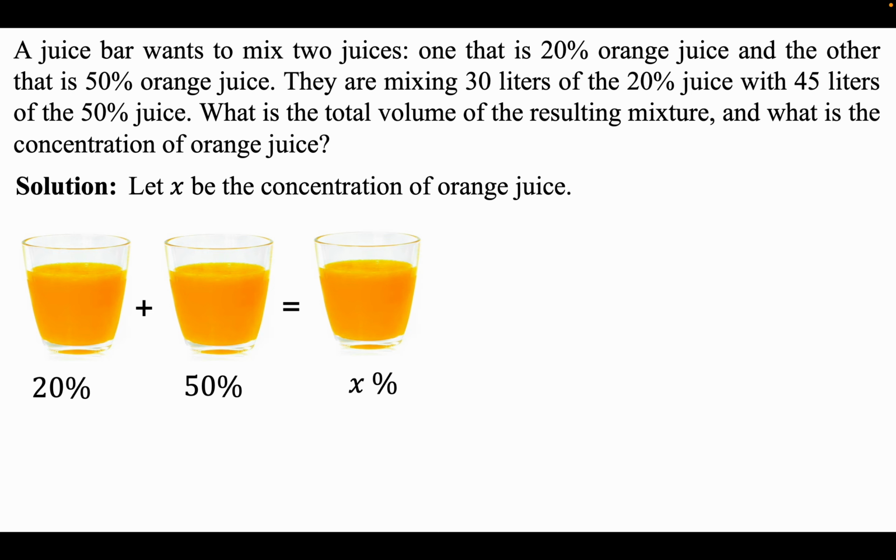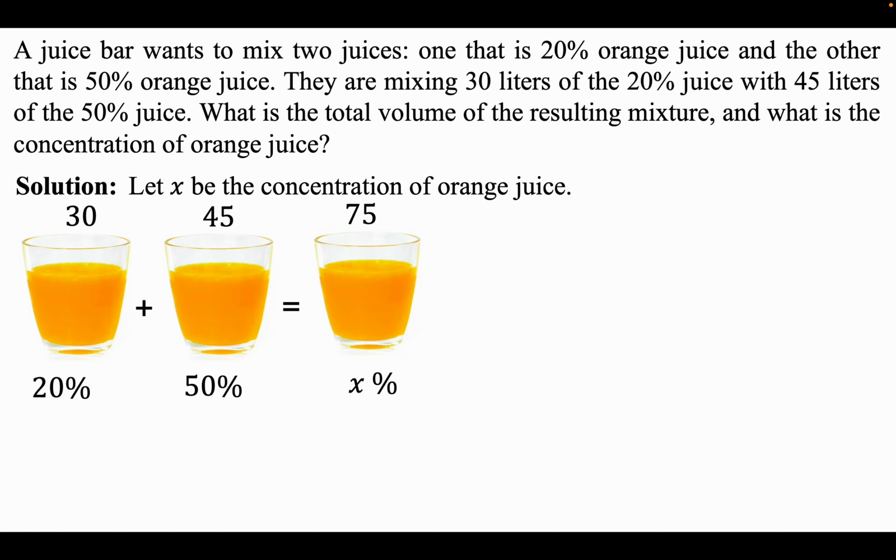In terms of volume, we know that we have 30 liters of that 20% orange juice, and we have 45 liters of that 50% juice. The total combination of those two should give you the final volume, which happens to be 75. So what is the total volume of the resulting mixture? In this case, that would be 75 liters.